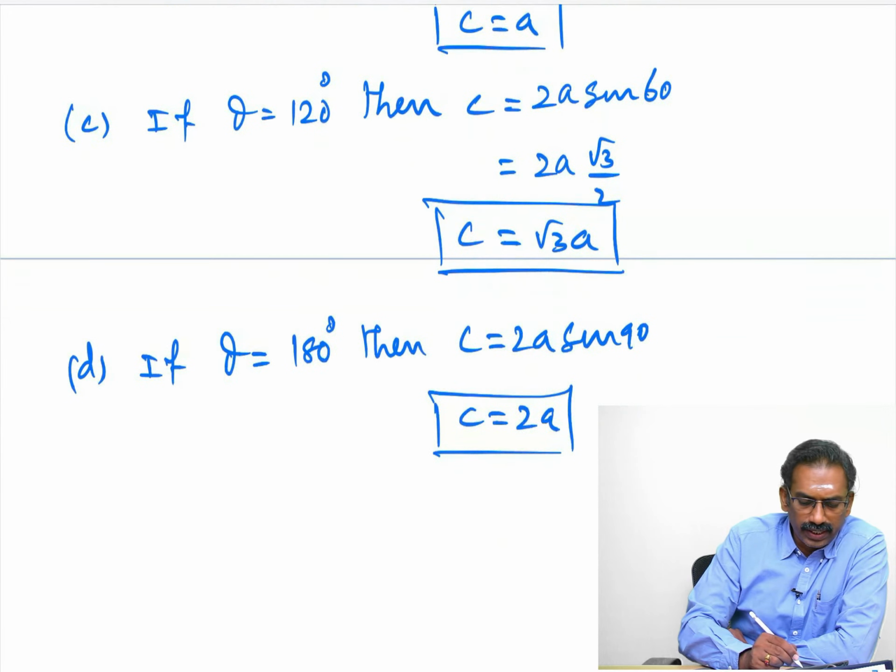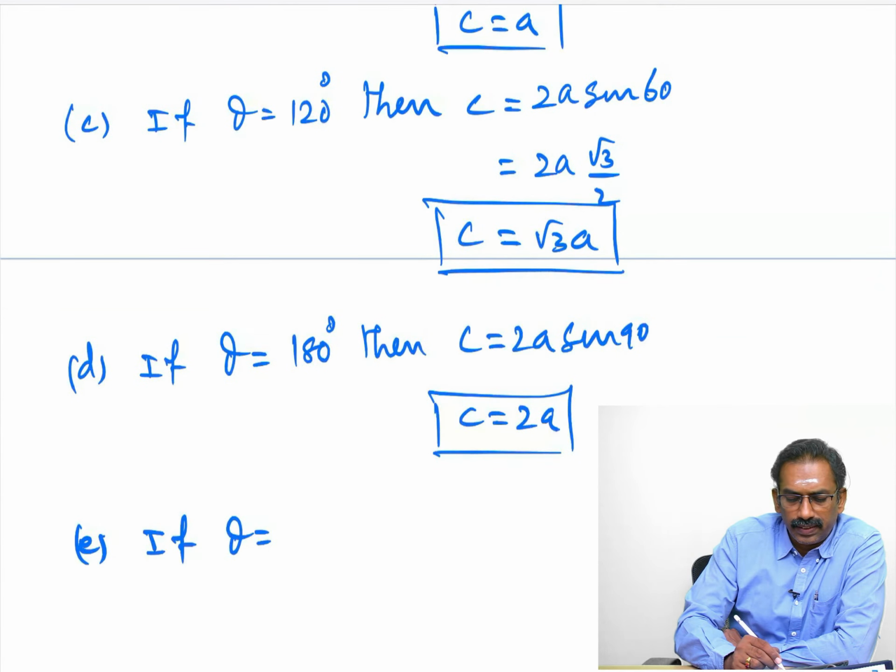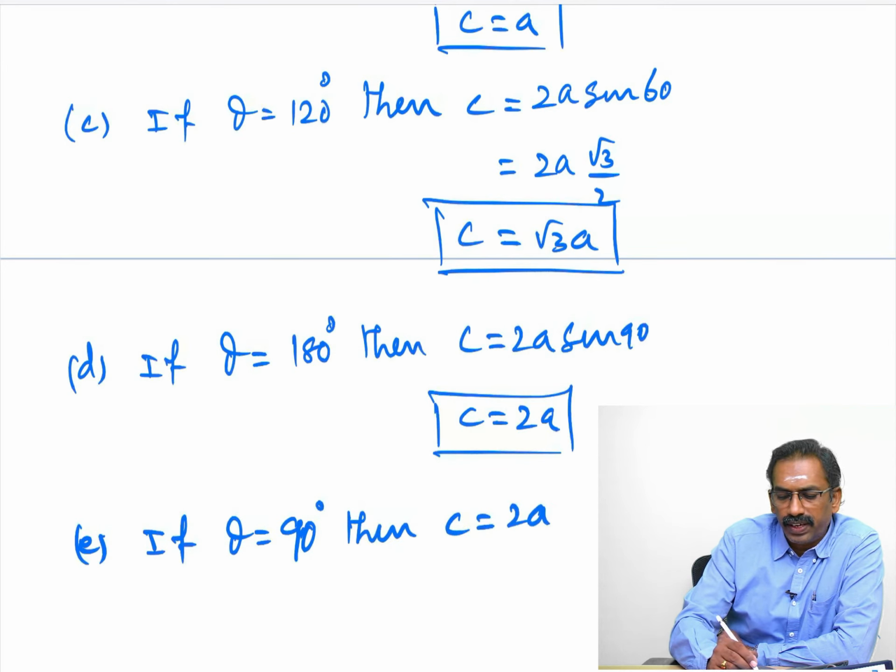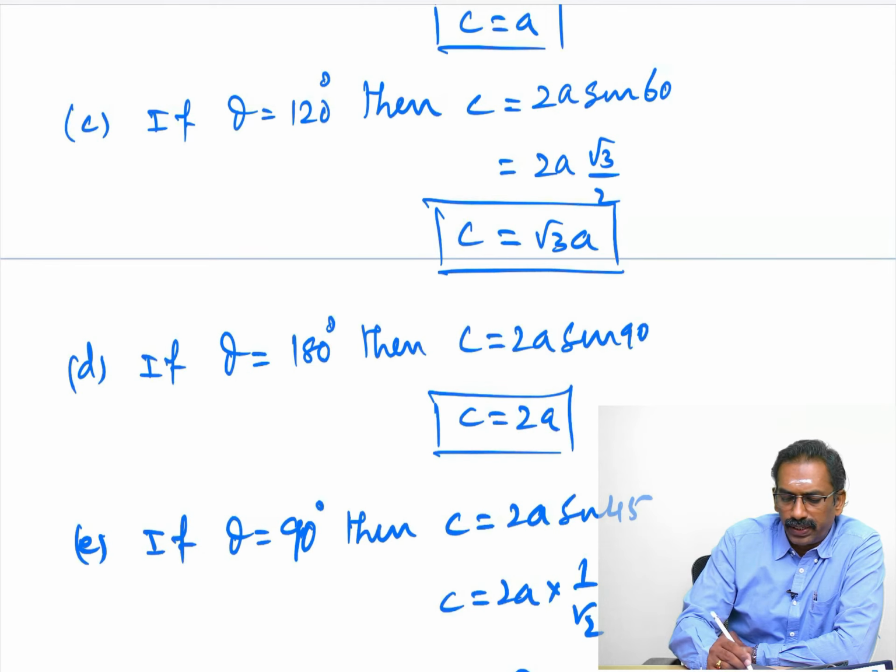Okay, we go for theta 90 degrees. If theta is 90 degrees, then c is equal to 2a sin 45, then c is equal to 2a into 1 by root 2, that is c is equal to root 2 times any one of the magnitudes.